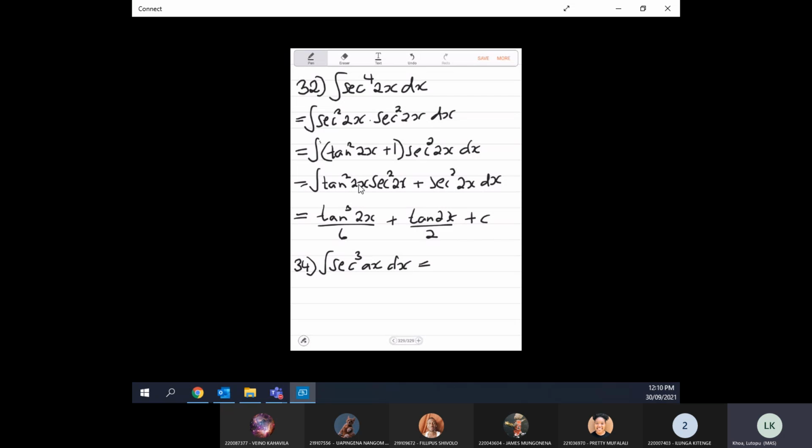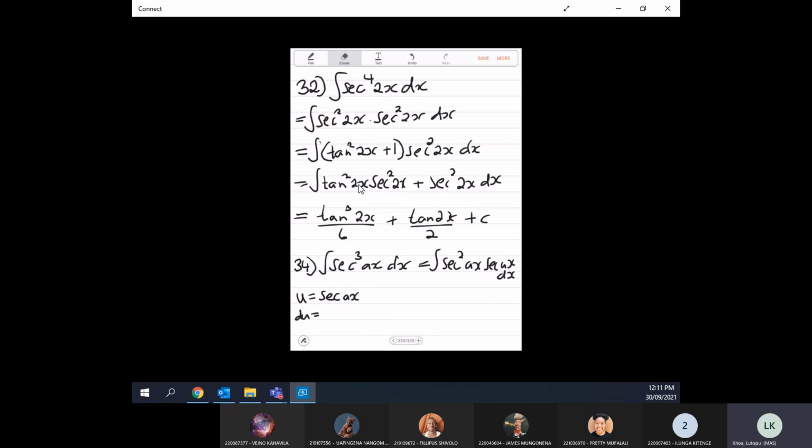So we rewrite this as the integral of sec squared ax times sec ax dx, and then we pick our u, which is sec ax, and that means that du is sec ax tan ax, and then we multiply this by a.